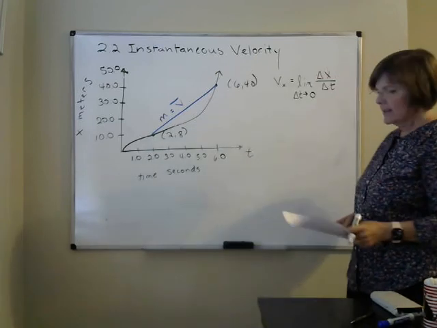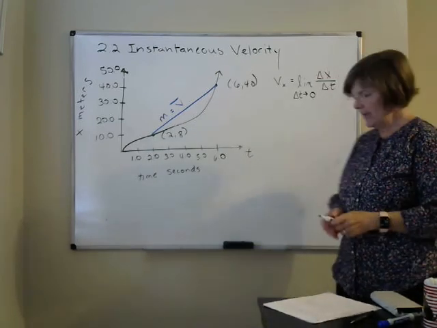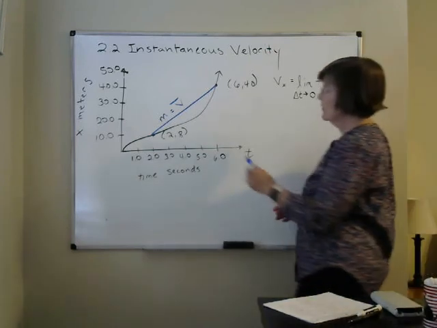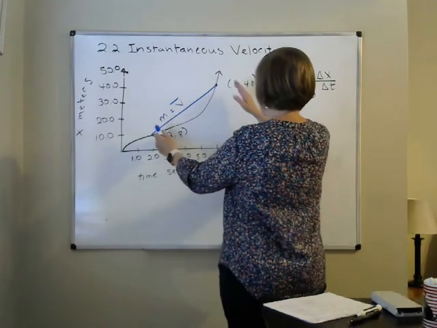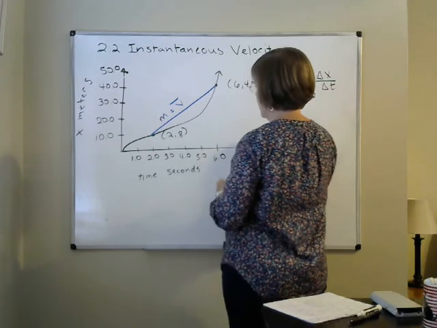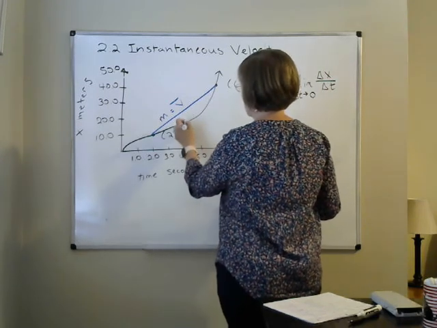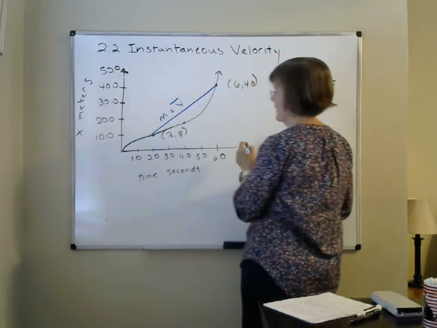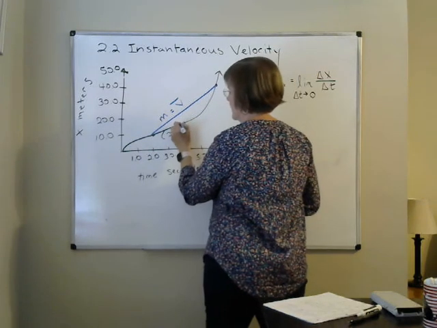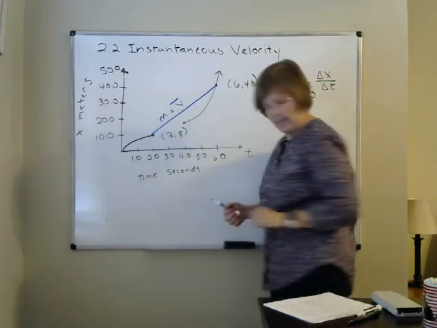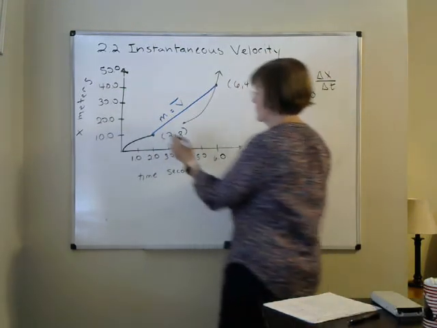All right, well, let's think about what happens. Suppose I make the time interval a little bit shorter, instead of going all the way from 2 seconds to 6 seconds, what if I only went from 2 seconds to 4 seconds? Well, it's actually fairly straight in there, isn't it? Looks something like this. Let me make it a little more wiggly just for interest's sake. Make it just a little less straight there.